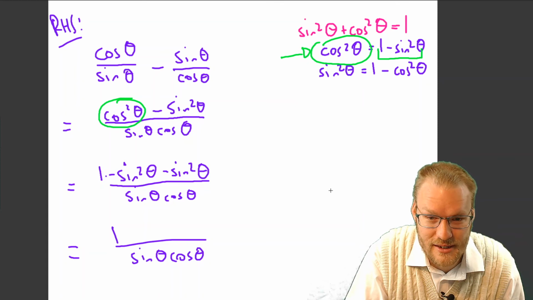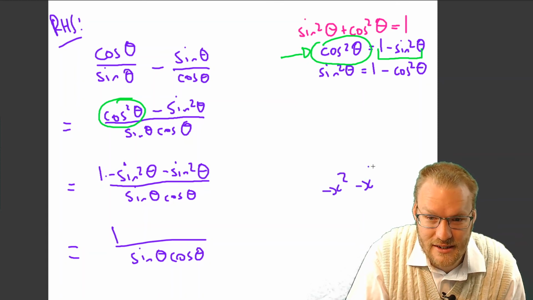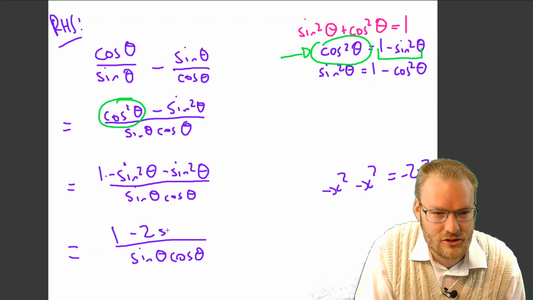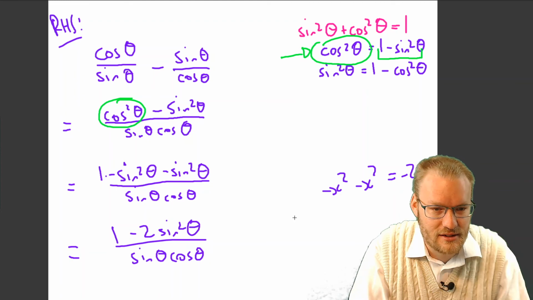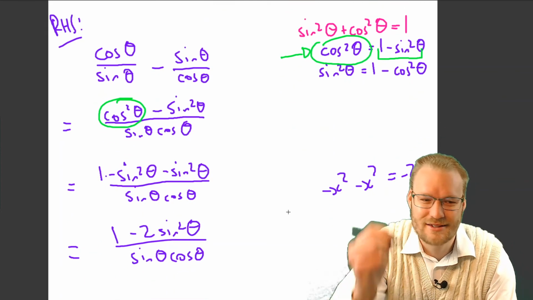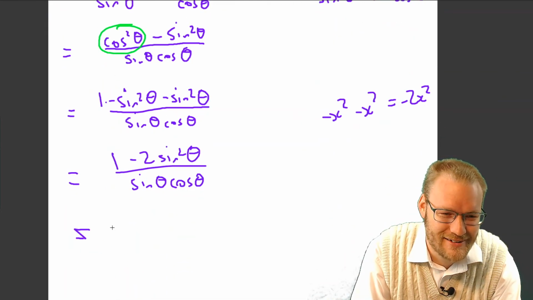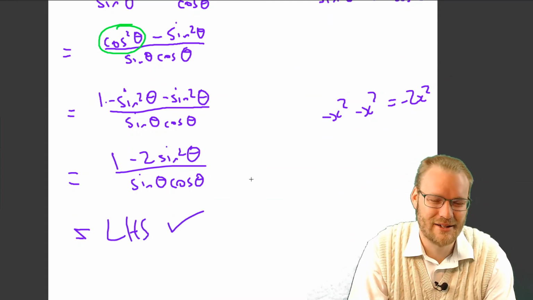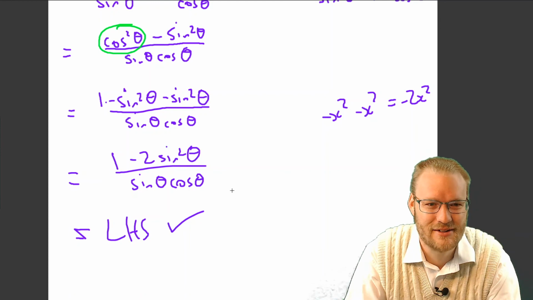So therefore minus sine squared theta minus sine squared theta, we've got two of these sine squared thetas. Yes, that is the left-hand side. Tick. Yes, we're happy. Right-hand side equals left-hand side.